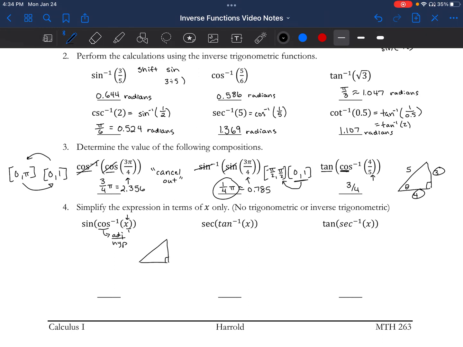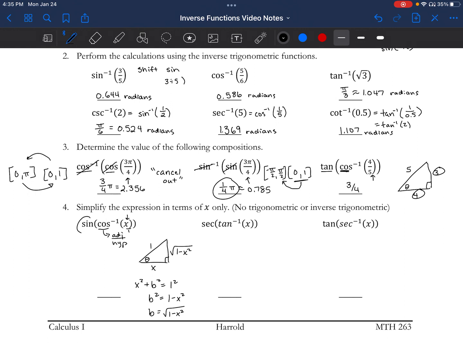The adjacent side is x, and the hypotenuse is 1. Using the Pythagorean theorem, x squared plus b squared equals 1 squared. I subtract x squared from both sides, which gives me 1 minus x squared, and then take the square root. So the opposite side is the square root of 1 minus x squared.